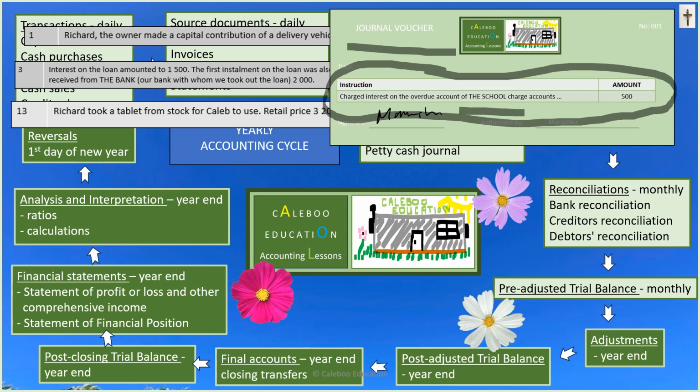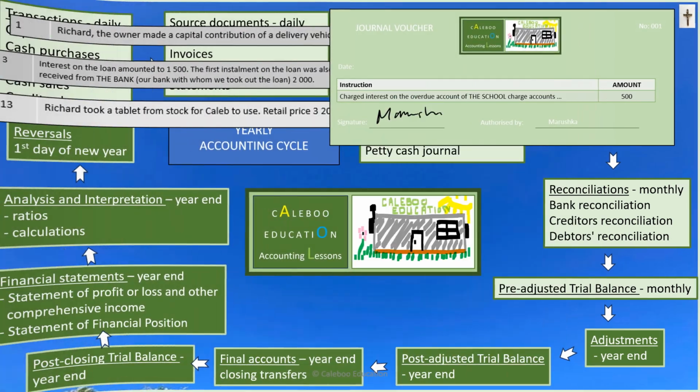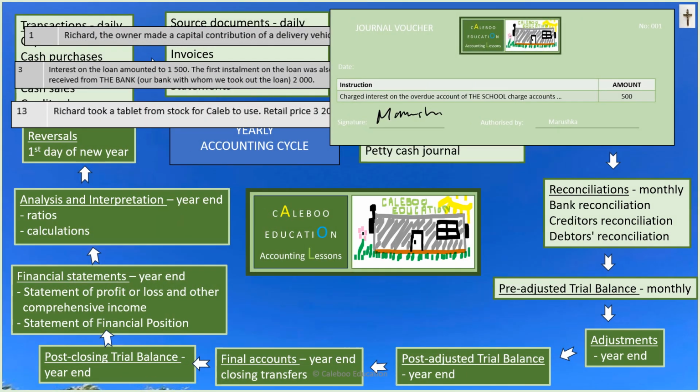So a journal voucher is used to record transactions that go into the general journal. The journal voucher is the source document that is used to record transactions in the general journal. So a journal voucher is drawn up for all the transactions that go into the general journal.